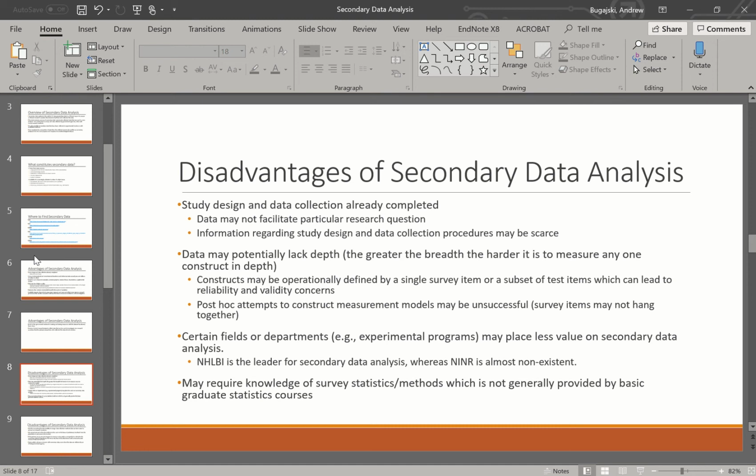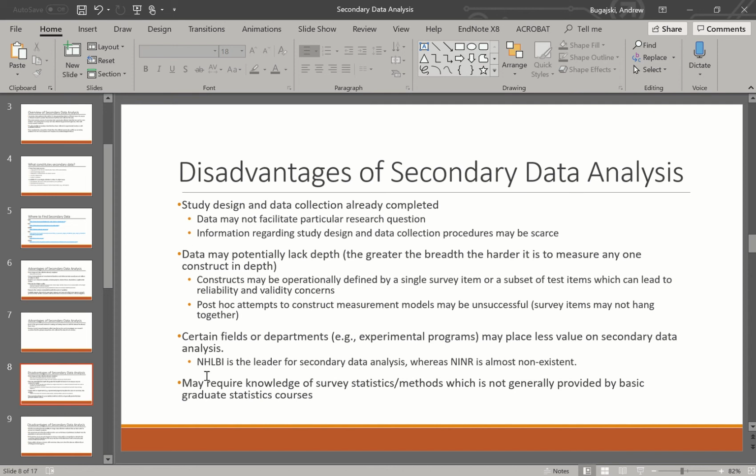So there's a drawback. If you're really interested in nursing-based research, well, good luck getting secondary data. But if you're very interested in the pathophysiological mechanism of heart failure, complex, whatever, NHLBI will likely have some data to support you.